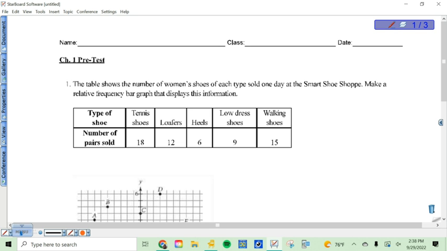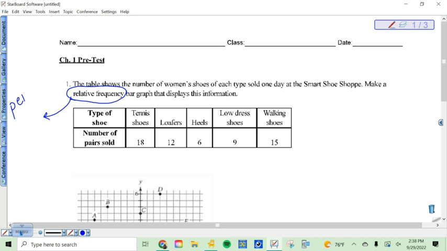We looked at relative frequency when we were looking at circle graphs, relative frequency circle graphs. What did we find in order to create a relative frequency circle graph? Yeah, percentages.